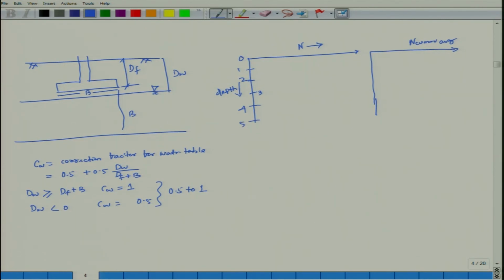Generally it goes this way, whatever the way. Then cumulative average also plot it in this way. Why cumulative average? Why we are looking for this cumulative average?